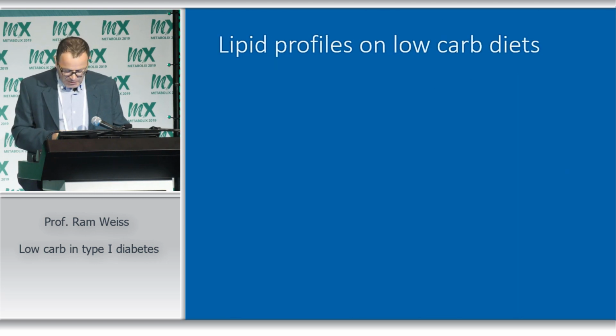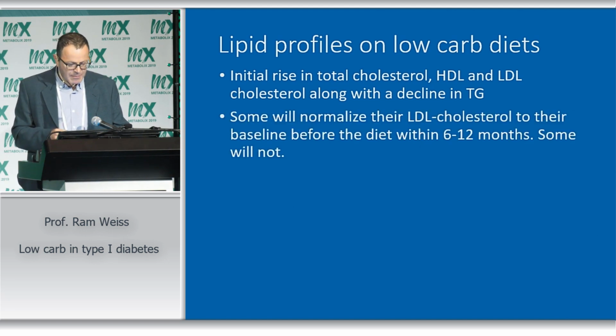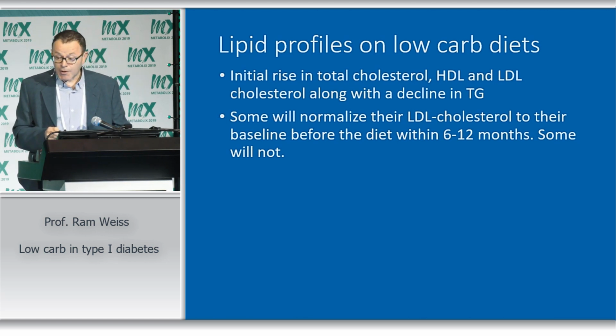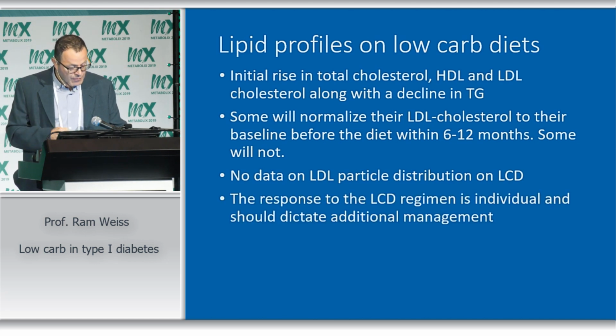So, lipid profiles on low carb: an initial rise in total cholesterol, HDL and LDL, along with a decline in TG. Some will normalize the LDL to their baseline before the diet within about a year. Some will not. There is no data on LDL particle distribution on a low-carb diet in type 1. We'll have that data in about a year, by the way.